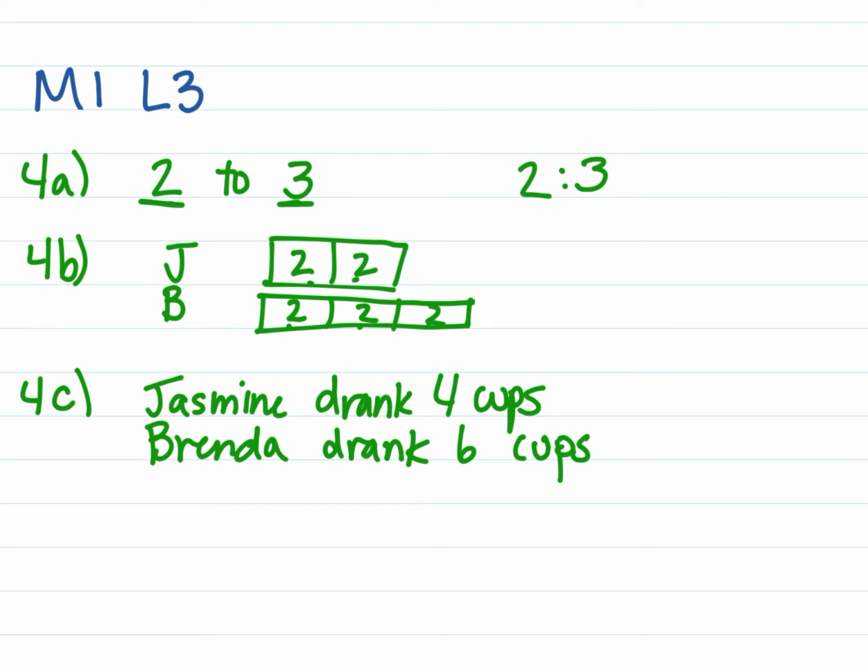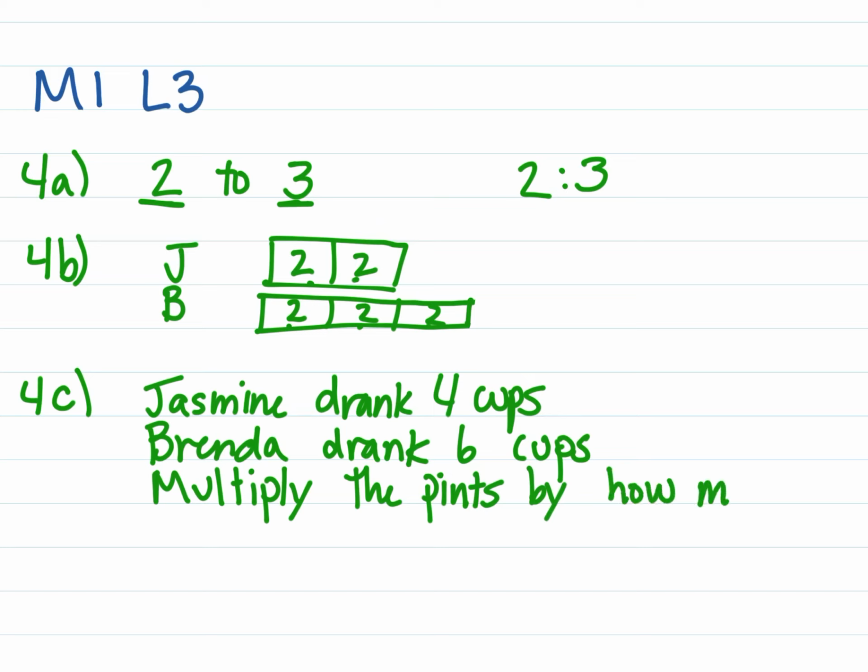How do we know? Well, if we multiply the pints by how many cups are in a pint, so multiply the amount of pints by how many cups are in a pint, and that tells us how many cups they drink.